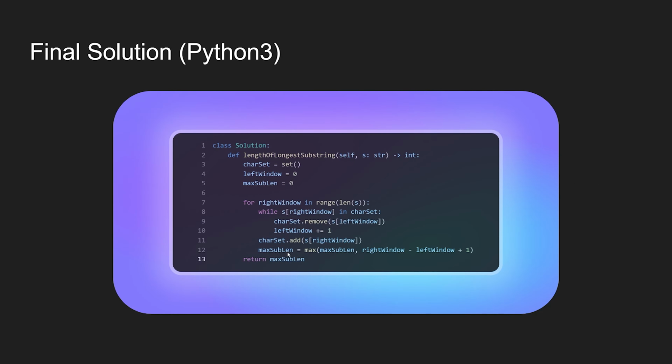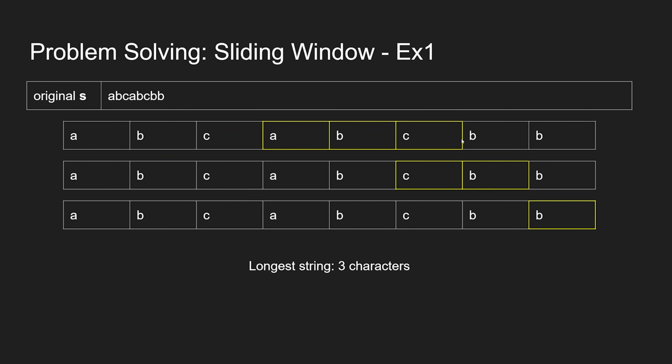And then we check if the maximum sublength has changed. We use max of the original max sublength and right window minus left window plus 1. Imagine there are numbers here: 0, 1, 2, 3, 4, 5, 6, 7, 8.